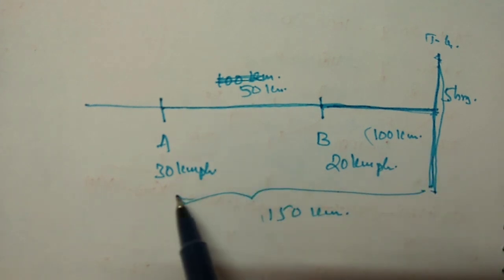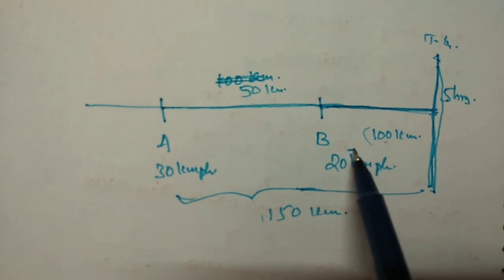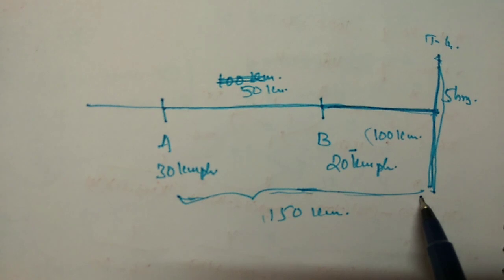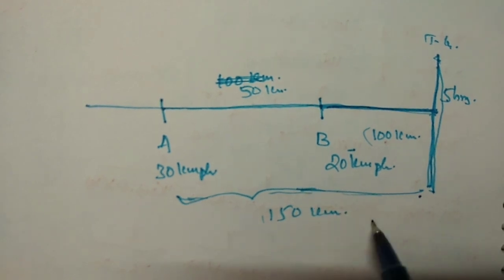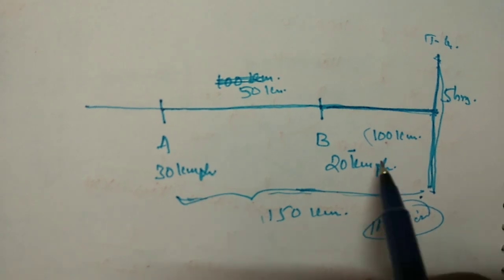So car 1 has to travel 50 kilometers more than car 2, because one traveled 100 kilometers and the other 150 kilometers. So the difference, 150 minus 100, is 50 kilometers more than the second car.